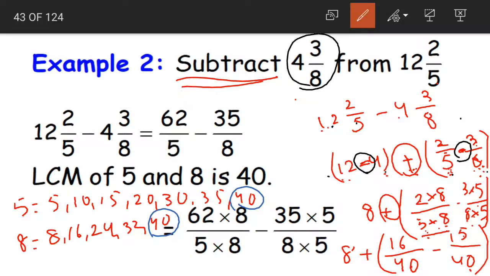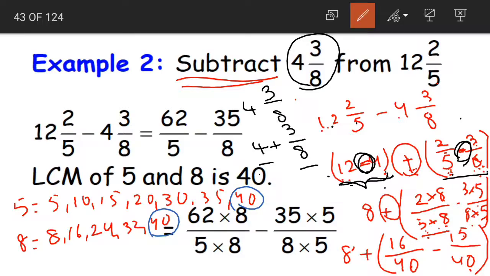But what does this mixed number mean? 4 3 by 8 is nothing but 4 plus 3 by 8. So ultimately we have to add the whole number part and the fractional part. So that is why we are adding the difference of whole numbers with the difference of the fractions.